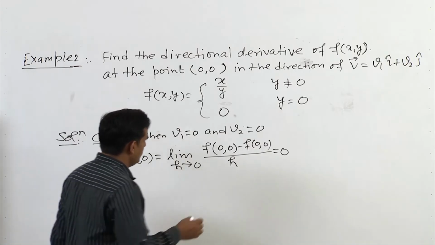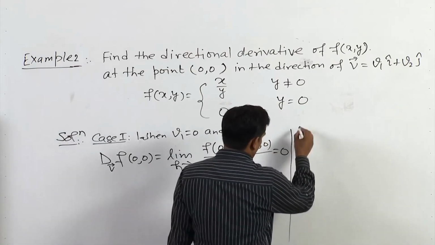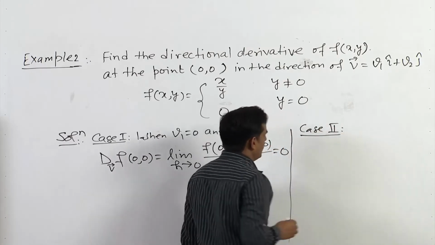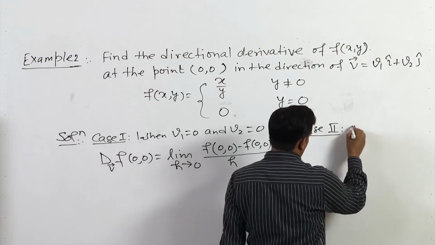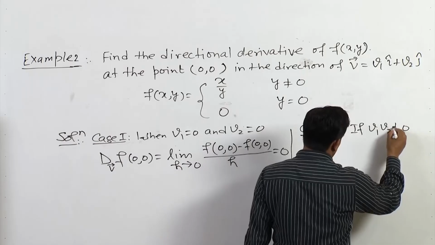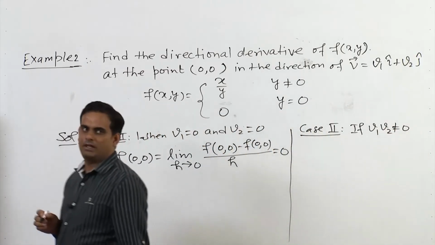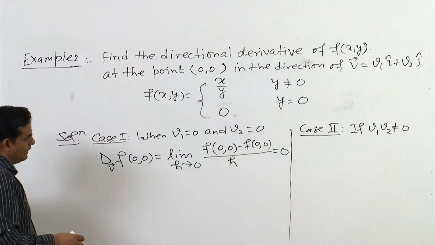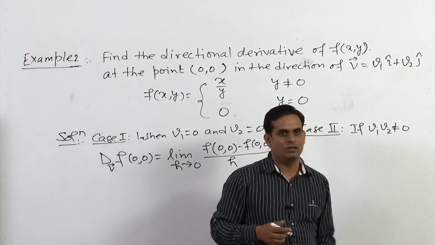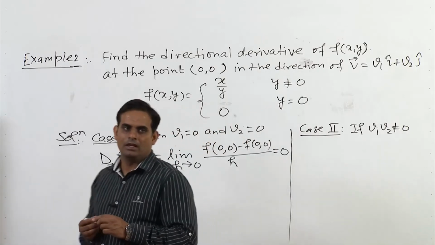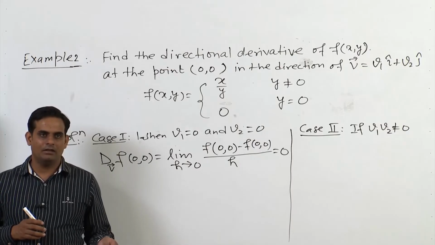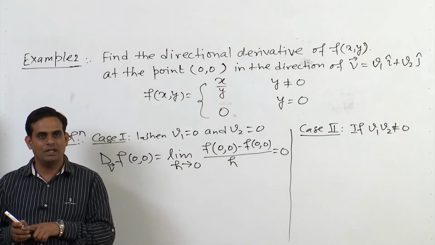Now take case 2. If the product of v1 and v2, those are the components of the unit vector v along the i and j directions, is not equal to 0, it means neither v1 nor v2 can be 0.